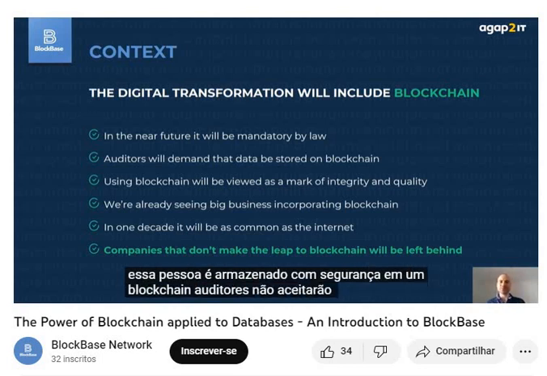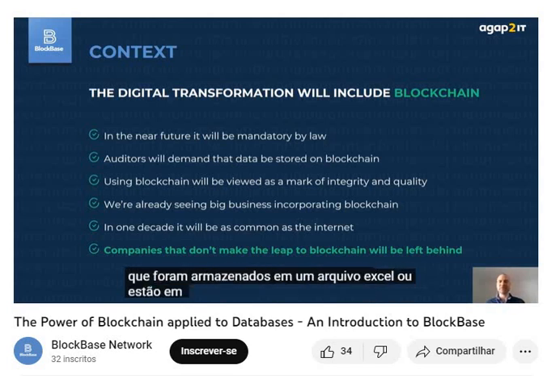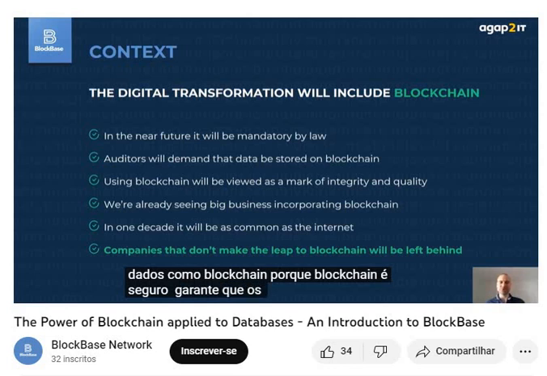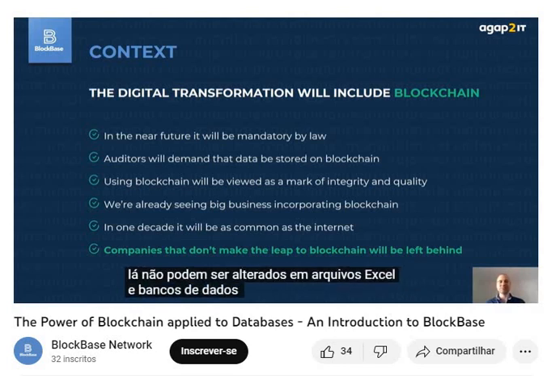Auditors won't accept data that's been stored on an Excel file or on a database when you have these robust systems to store the data on, like blockchain, because blockchain ensures that the data that you store there cannot be changed. And Excel files do not. And traditional databases do not. So this is something to expect in the future.